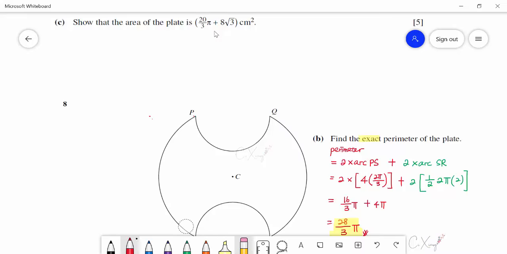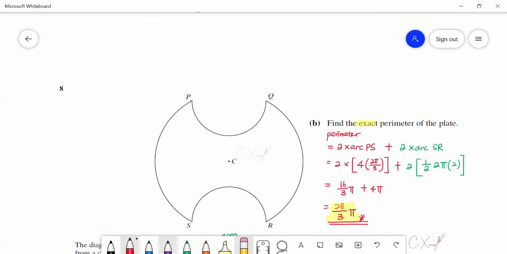To find the area of the plate, generally, you can use the area of this circle. Okay, so maybe you have to try to draw out the diagram clearly. So this is actually a circle.